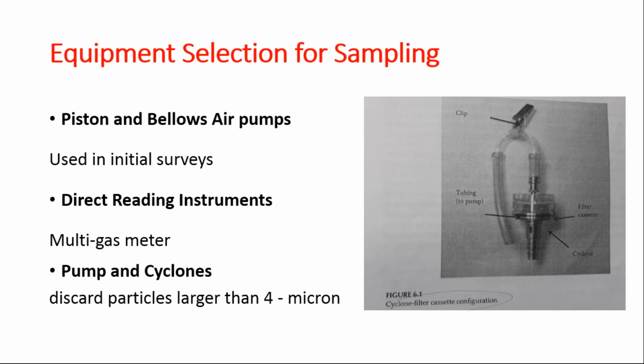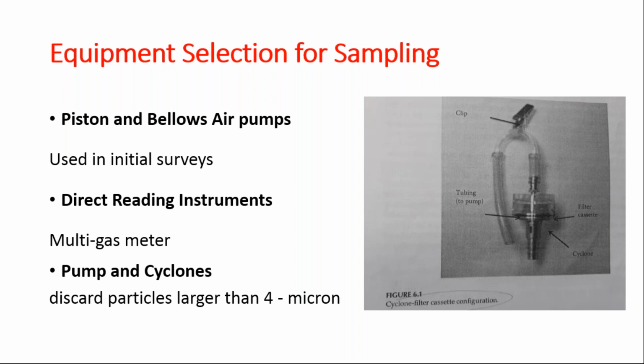And then there are pumps and cyclones. Actually, in the case of a cyclone, the air moves with very high speed. It rotates the air with a very high speed. And due to the high speed rotation, due to centrifugal force, the larger size particles are discarded.